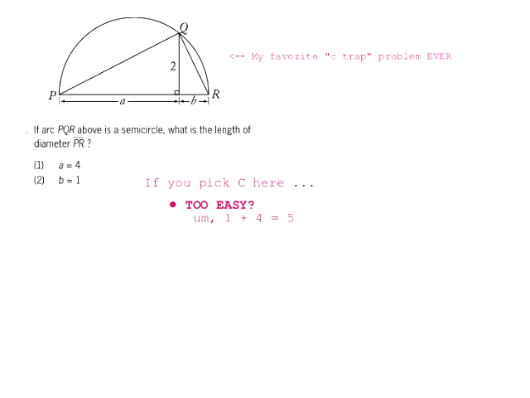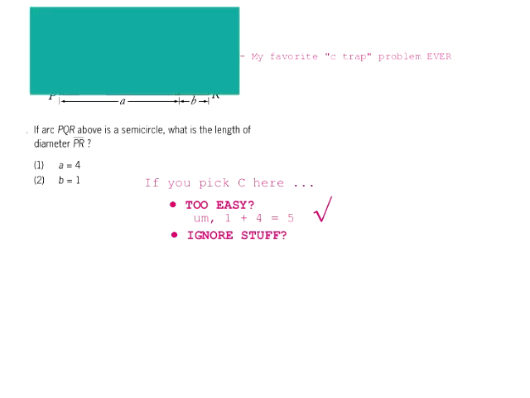I'd say so. So, yes, this is way too easy. Check mark. Does it ignore stuff? Well, you darn well bet it does. If you're picking C to this problem, then you are basically saying I could ignore all the things north of that bottom line.